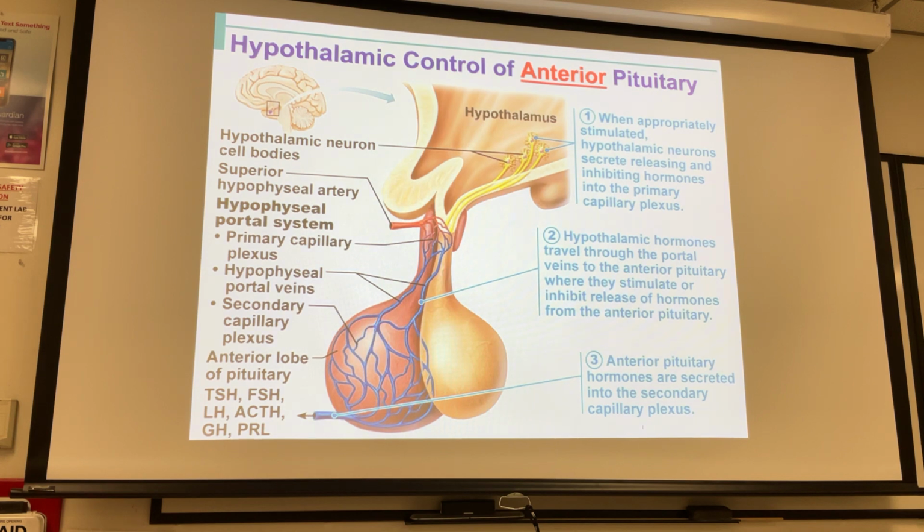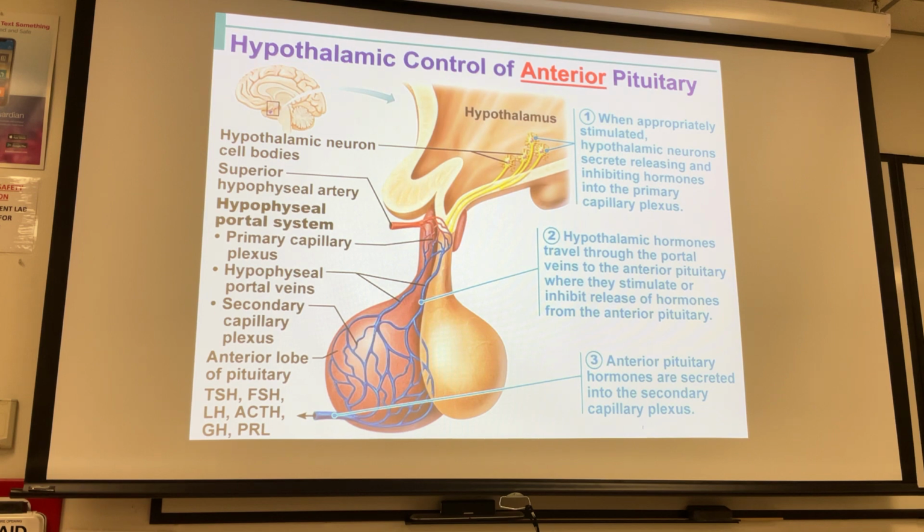Here we see that anterior pituitary. Notice our hypothalamus is producing and releasing releasing and inhibiting hormones into that first capillary that then travels through the hypophyseal portal veins to the anterior pituitary, where it controls these. The anterior pituitary can then release its hormones into the blood supply, and then off it goes to the body.